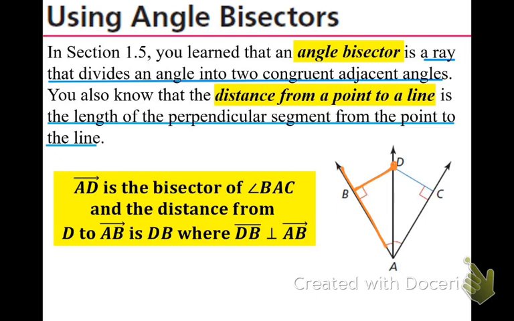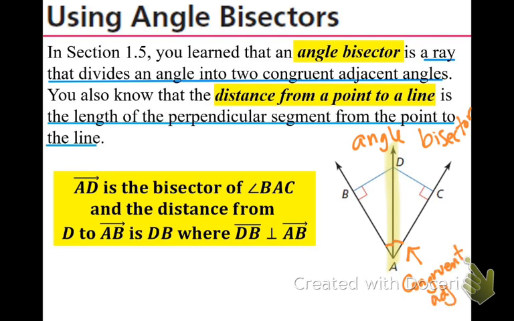So, what you're going to do with your highlighter is highlight AD, which is your angle bisector. And I know that because these marks at the bottom show that the angle has been cut into two congruent and adjacent angles. Okay, so that's what your segment bisector does, or your angle bisector.